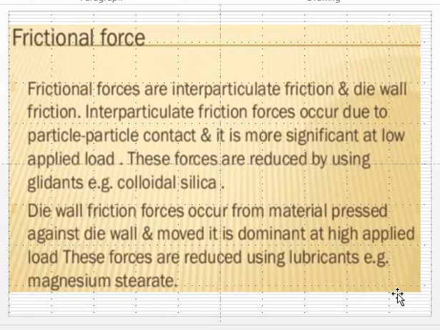It means if we apply pressure on your material, particles may stick to the upper punch or to the wall. These sticking problems can be reduced by applying a binding agent, and we can apply a lubricating agent to the walls of the die.